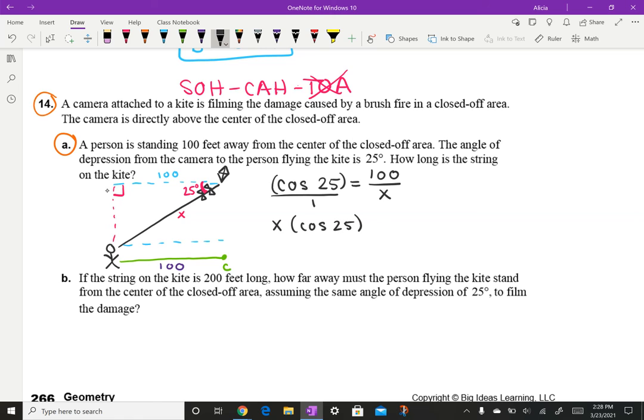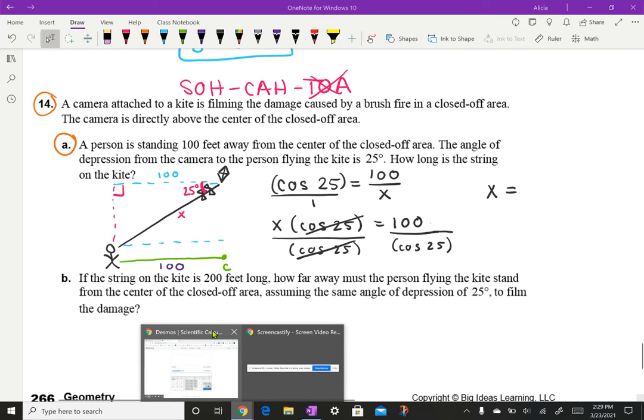So we would go ahead and then solve this through cross multiplication. So it's a little two-step here. So just going through the steps of solving this, cross multiply, divide by the cosine to cancel that out. So x is 100 over cosine 25.